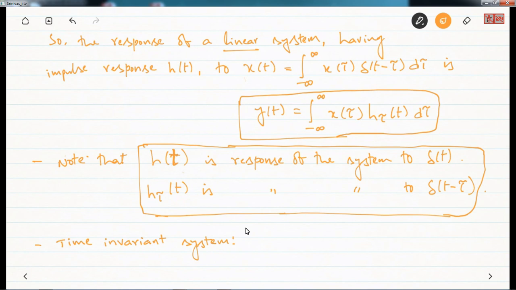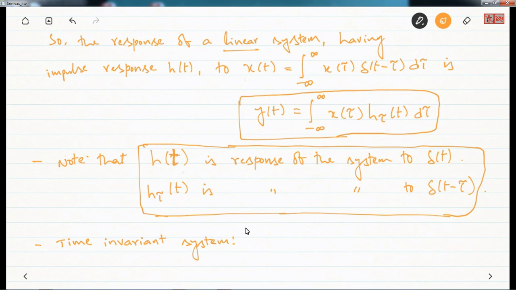In a time invariant system, if the input is delayed by some units in time, if the input is shifted in time, the output is shifted correspondingly. If x of t produces an output y of t, then x of t minus t naught produces an output y of t minus t naught.